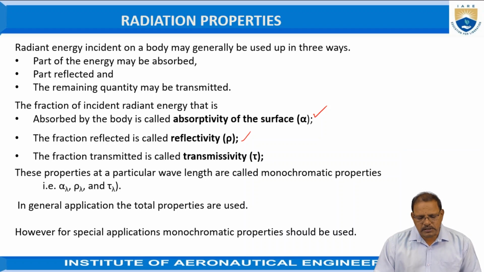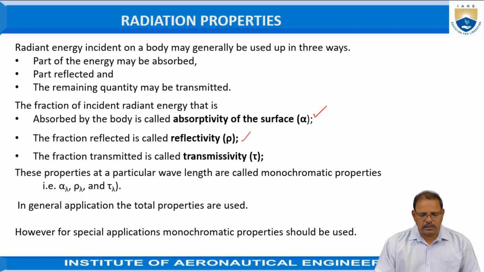Transmissivity is defined as the fraction of heat energy that is transmitted to the total energy incident on that surface. So when we add alpha plus rho plus tau, the transmissivity, it represents the total energy incident on the body. Hence, alpha plus rho plus tau is equal to 1.